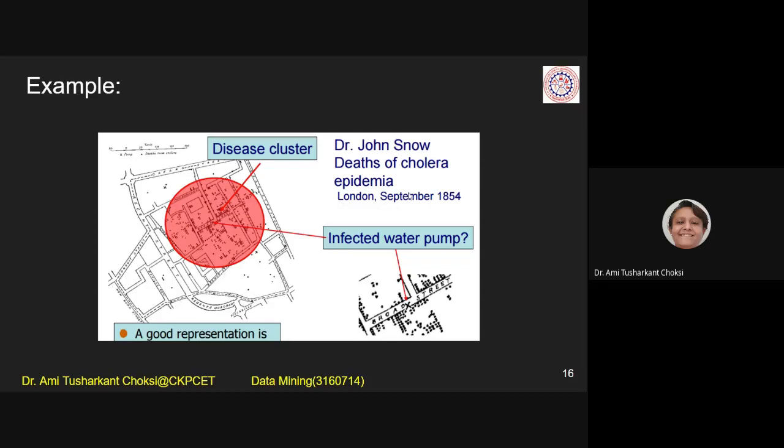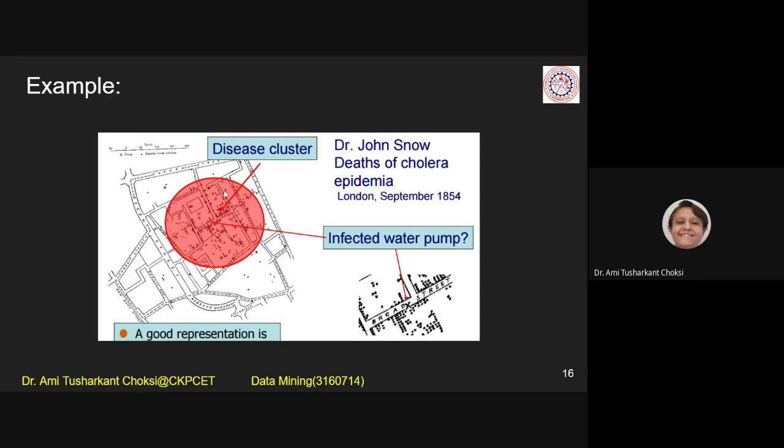The place is London, and the time was September 1854. Now what we are doing in this is clustering. A cluster is the place where you can say the disease is there, and other places where the disease is not there. This is the geographical data we are considering, the spatial data. So now this is the disease cluster.